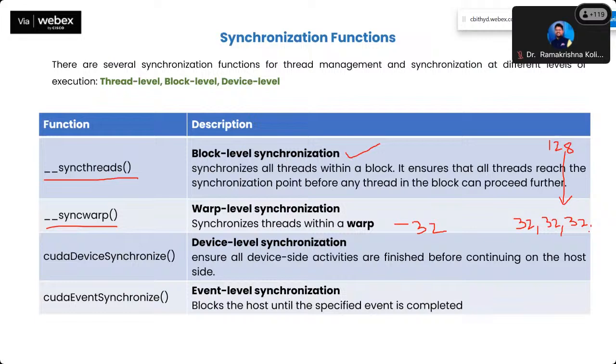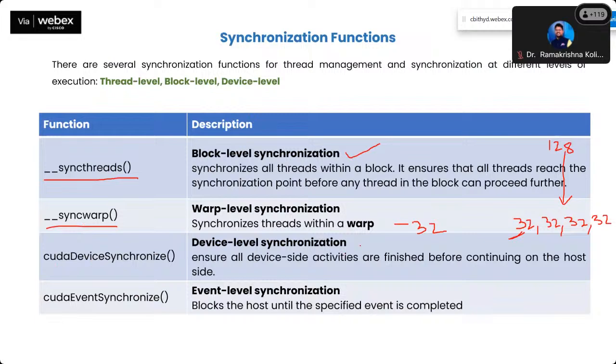This means the warp schedulers are working at the hardware level, so they automatically divide the threads within a block into chunks of 32. To synchronize the threads within a warp, we have to use the __syncwarp function. Next is cudaDeviceSynchronize.